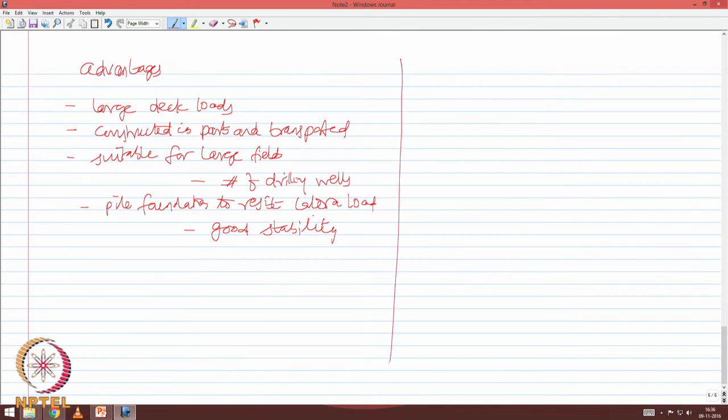But bottom supported structures do also have disadvantages. They are highly brittle in terms of modes of failure.